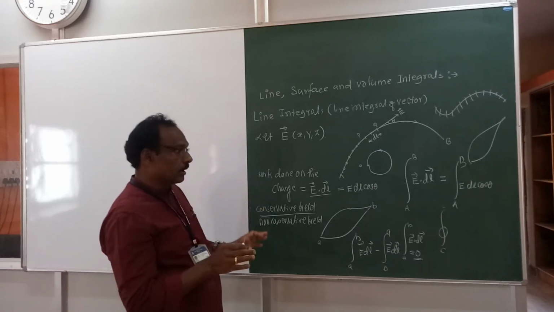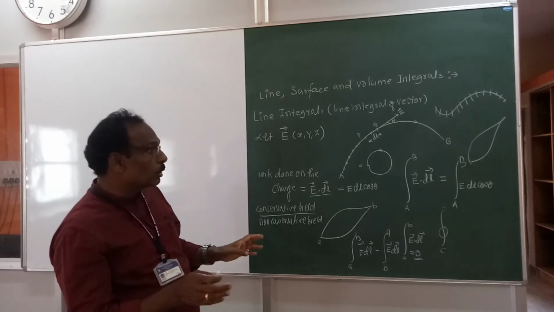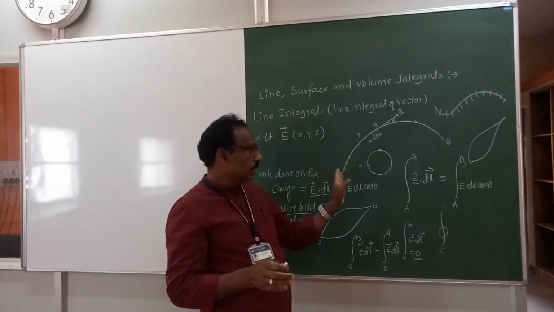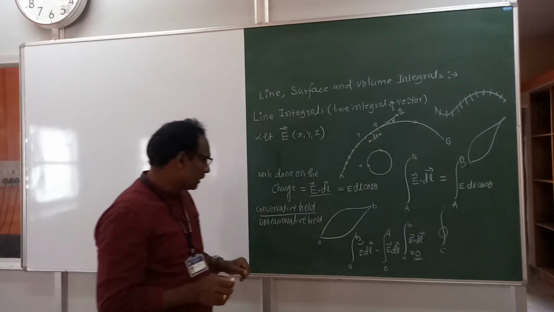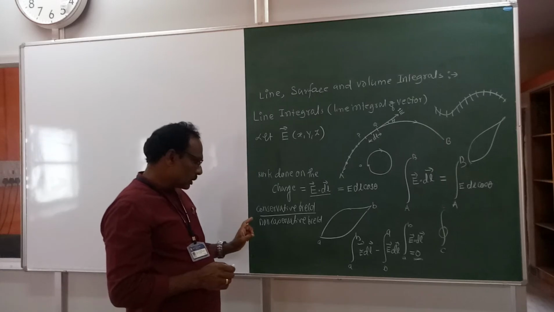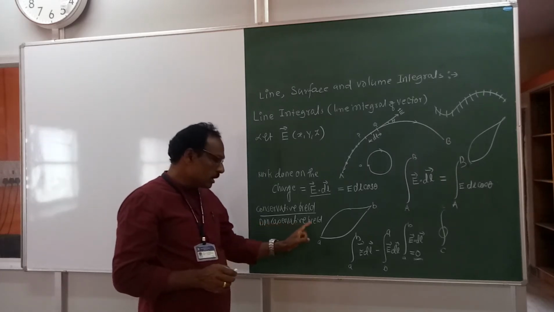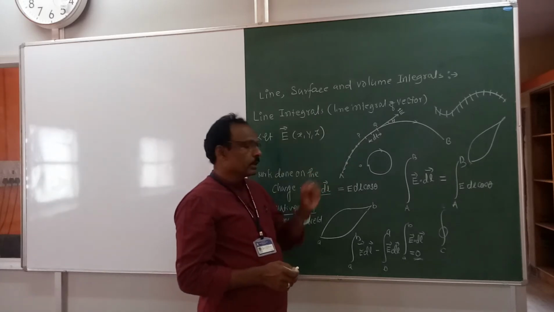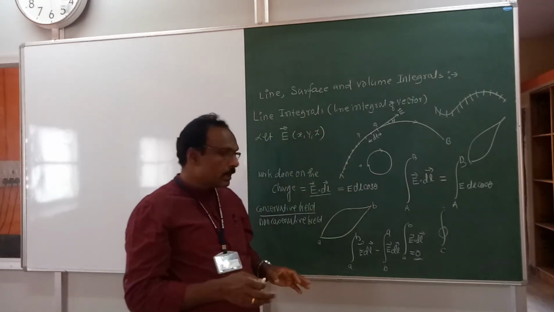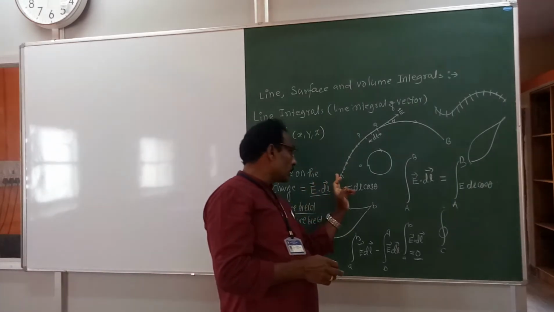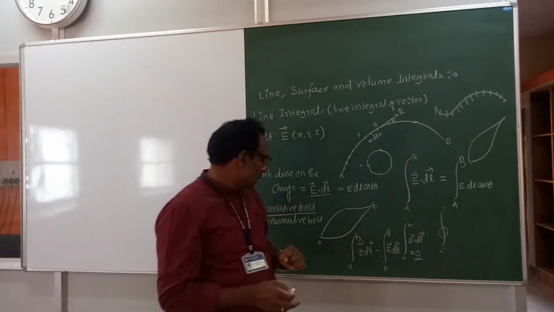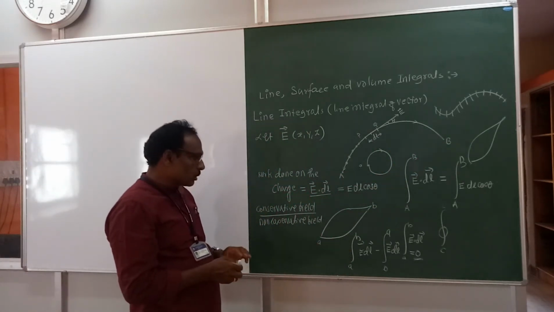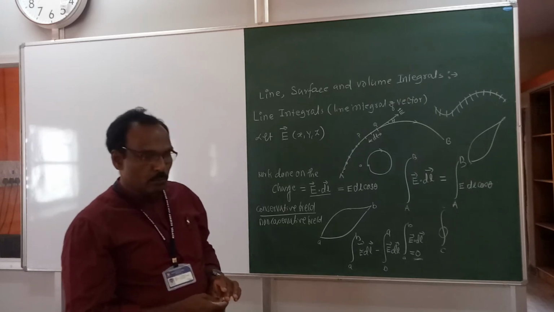If the line integral depends on the path of a line, that is the path of a vector line, then it is called a non-conservative field. If the line integral is independent of path, and depends only on the initial and the final point, then the field is called a conservative field.